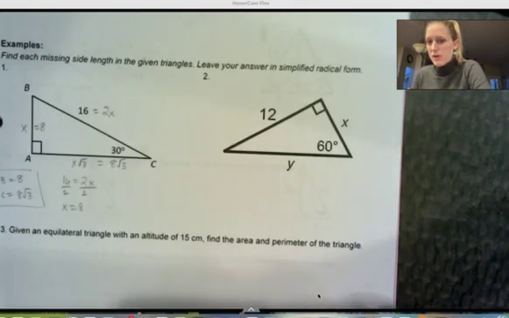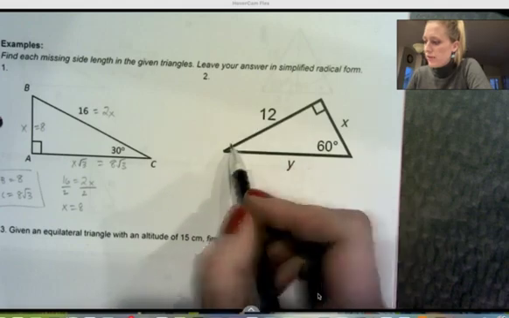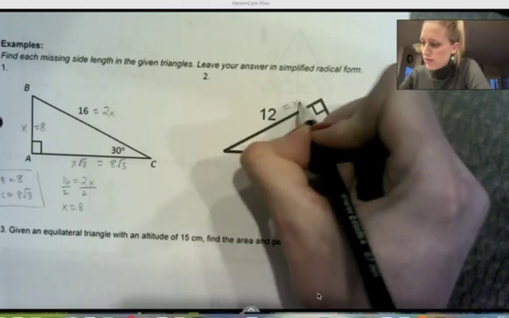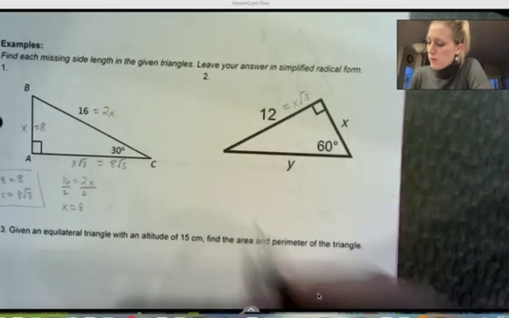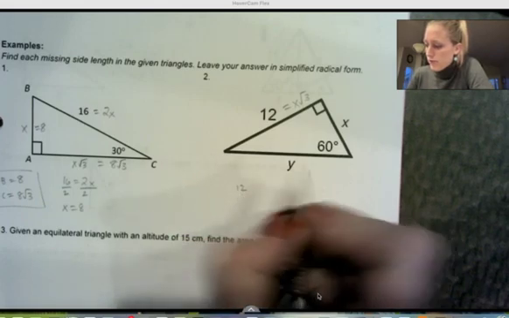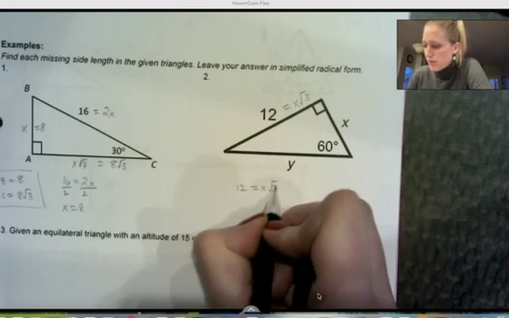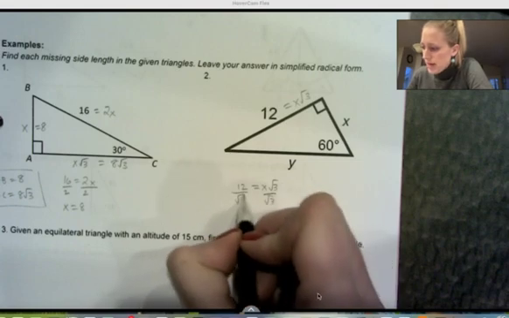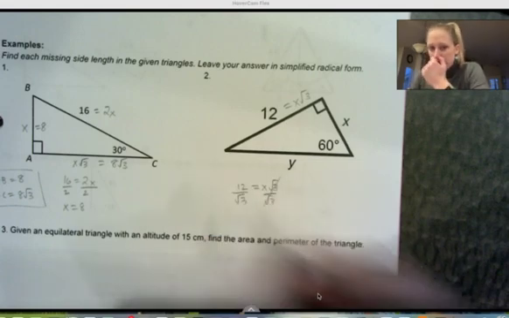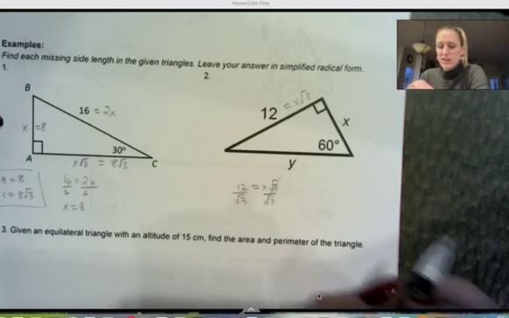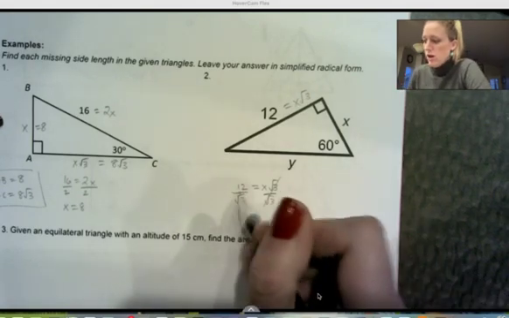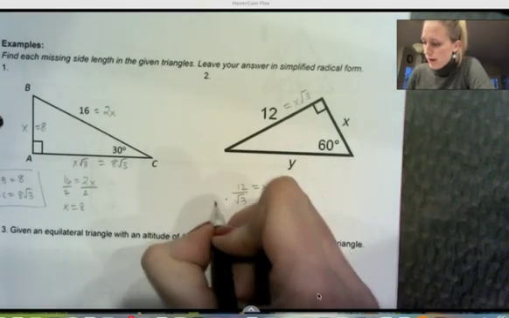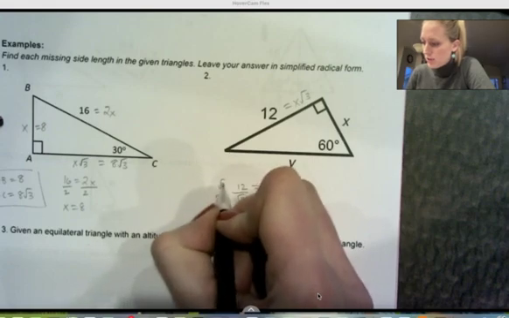This one we are given the long leg. Remember the long leg is equal to x times the square root of 3. I want to find x, so I have 12 equals x times the square root of 3. To find x, we divide both sides by the square root of 3. So x equals 12 divided by the square root of 3. I don't want to leave my radical in the denominator, so we multiply by the square root of 3 to rationalize.